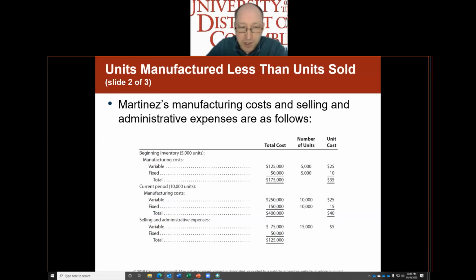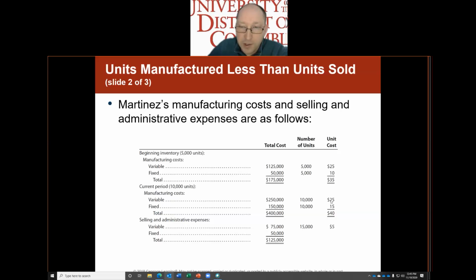The difference is that it is going to be based off of the total number of units sold. So you have your variable and fixed, your variable and fixed. If we notice that the fixed is higher in the current period, because we produced an additional 10,000 units, right?